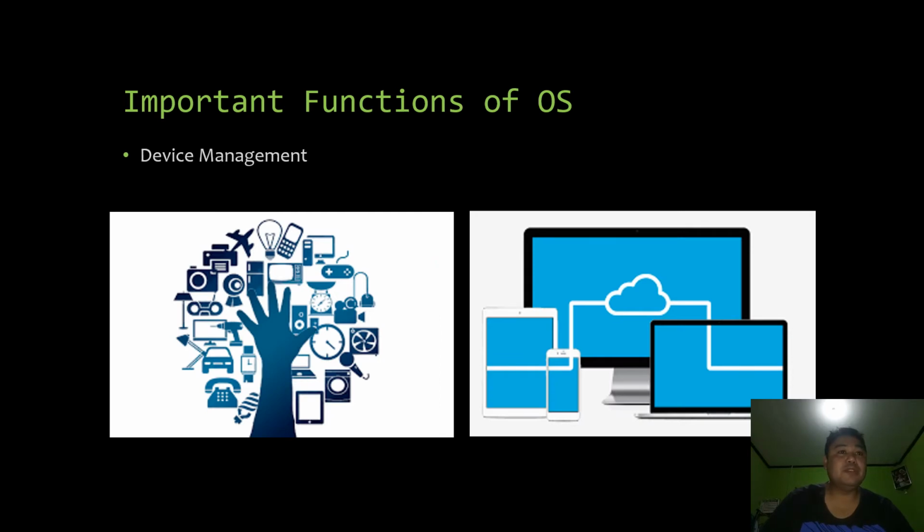Device management. For device management, this allows the interactive management of different hardware peripherals. Like for example, just like in your Android phone, you can already use some applications and functions in your desktop.